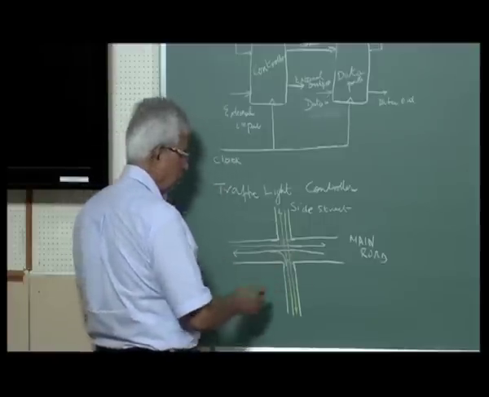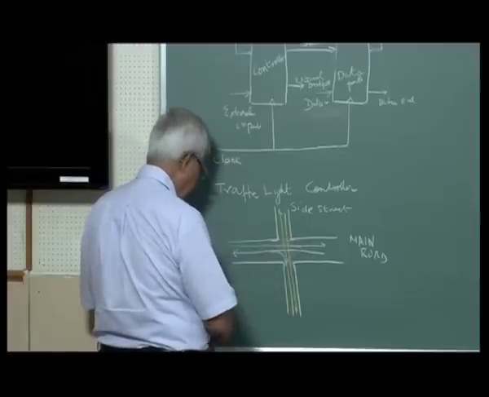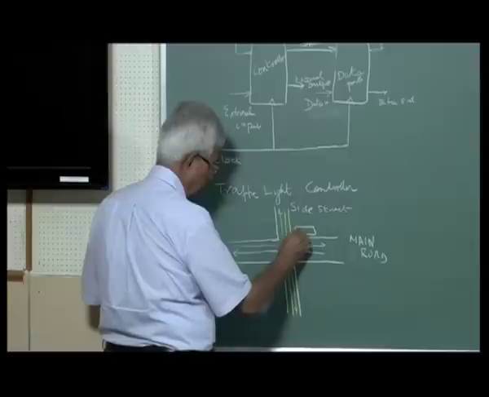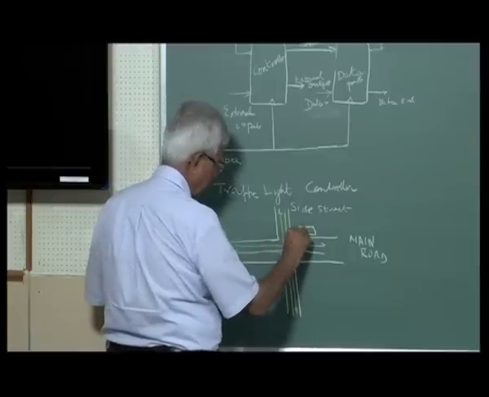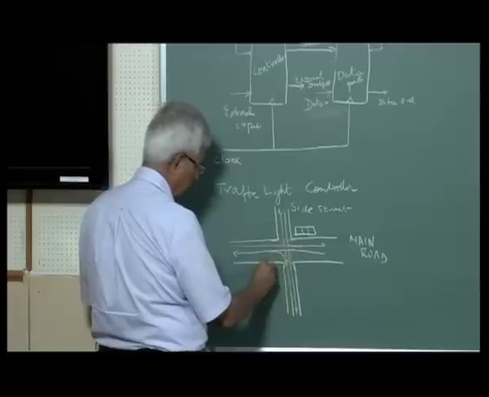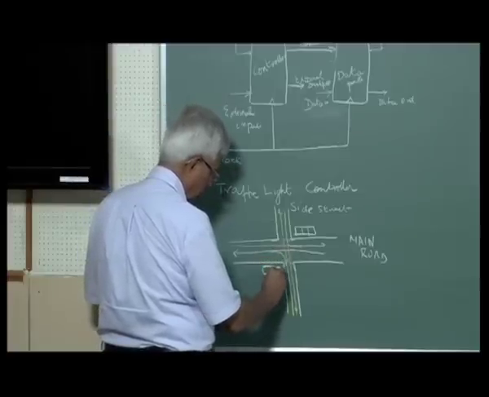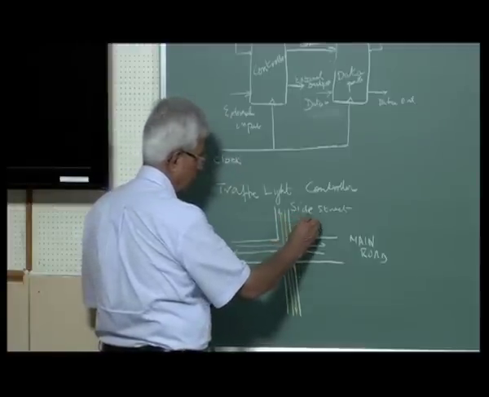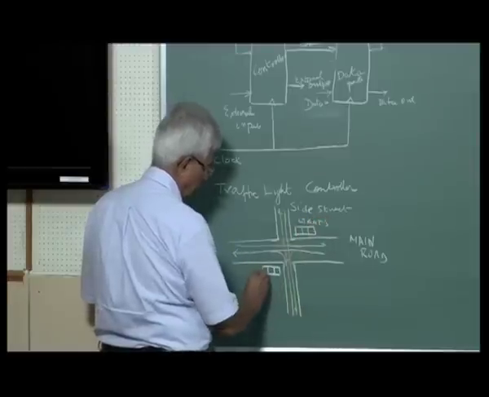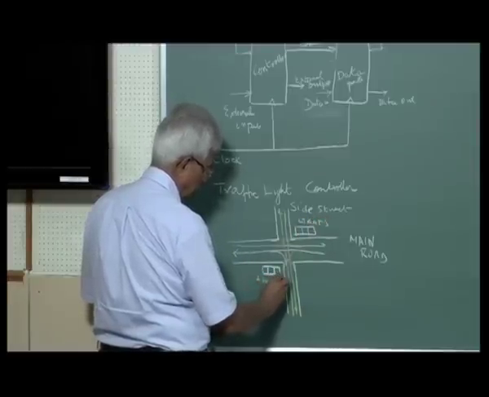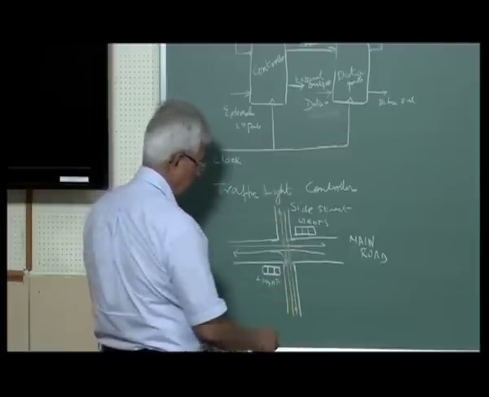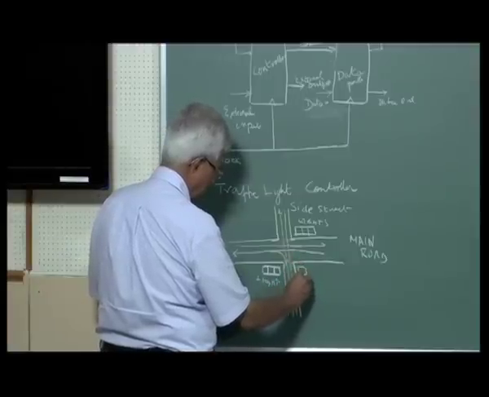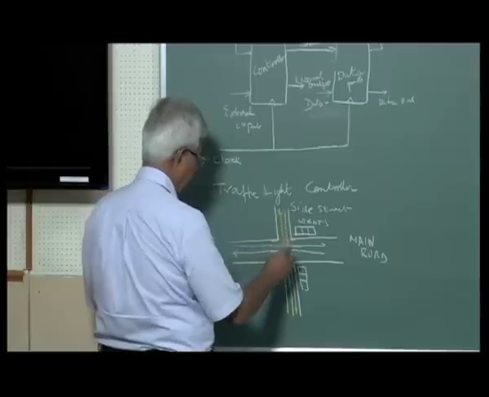So there are now a set of lights here, one set of lights for the main road traffic, and for the side street traffic, one set of lights here, and one set of lights here.